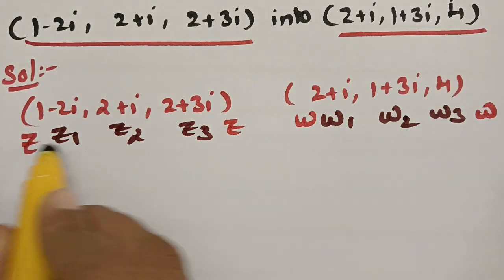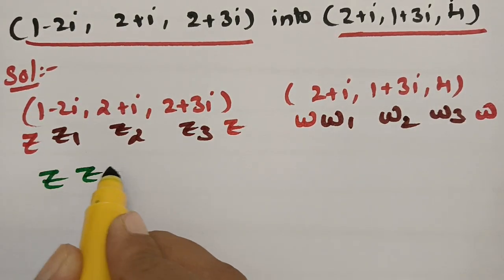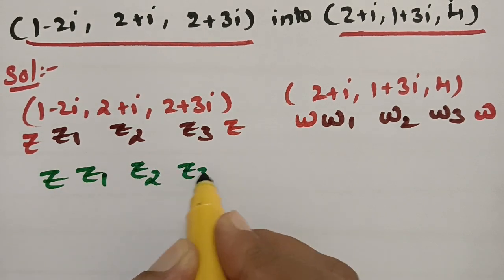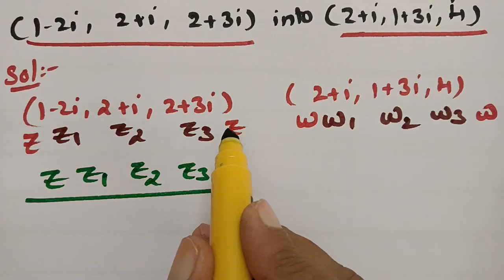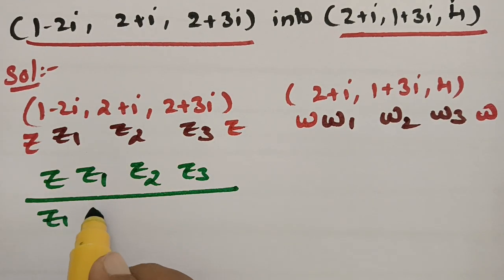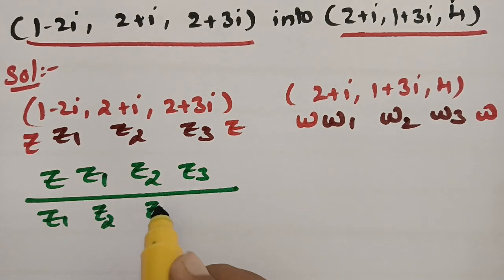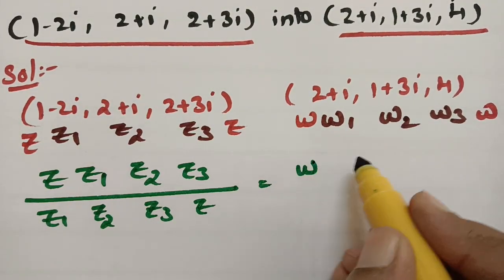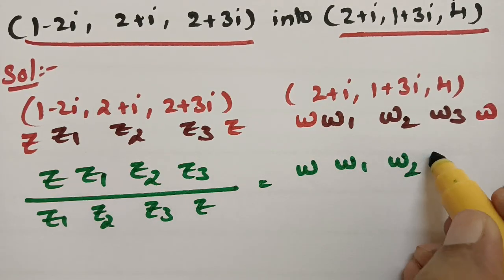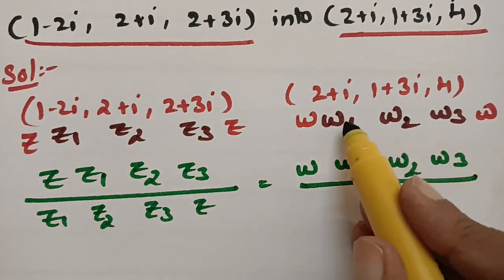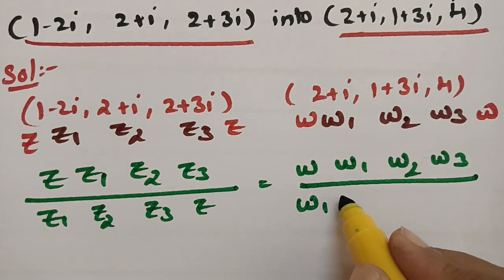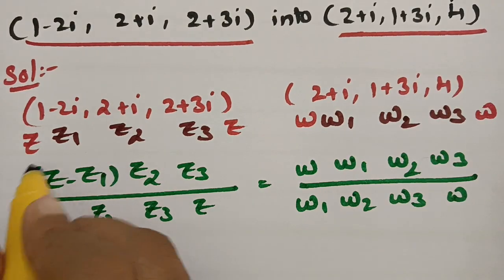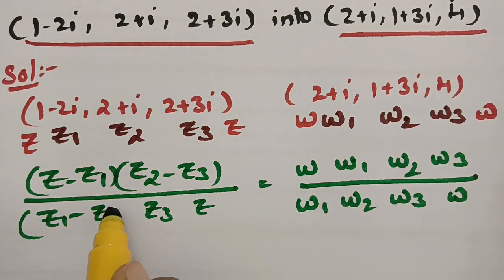First of all, I have to consider these 4 points, that is Z, Z1, Z2 and Z3, divided by, later I have to consider these 4 points, that is Z1, Z2, Z3 and Z. Which is equal to, first I am going to consider these 4 points, W, W1, W2 and W3, divided by, later these 4 points, that is W1, W2, W3 and W. See here, this is the formula which is very easy to remember.